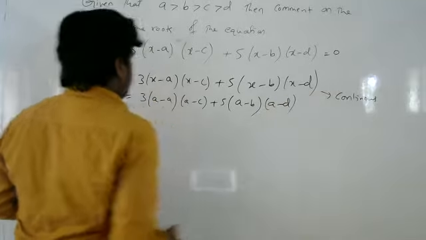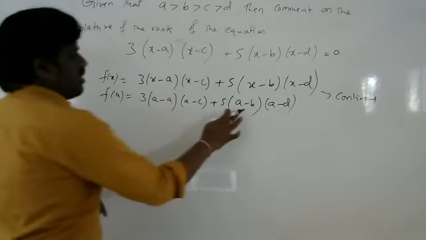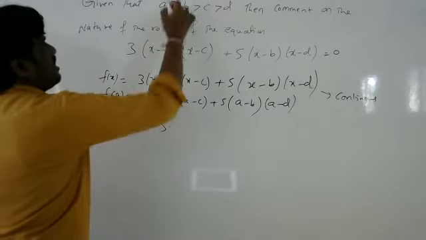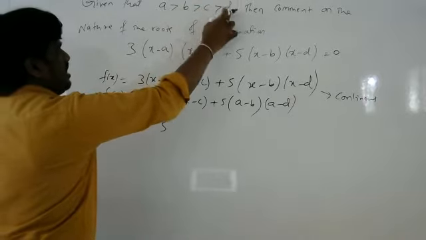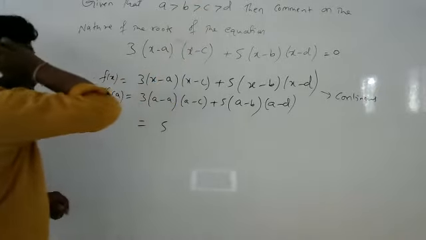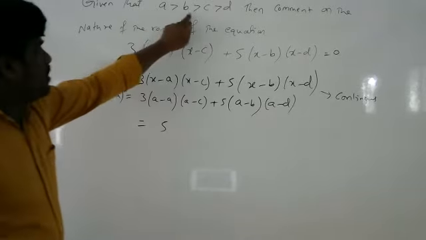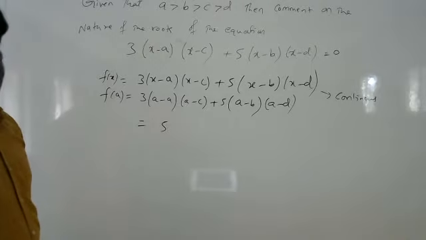A minus a is 0, and 0 into anything is 0, so what remains is 5 into (a minus b) into (a minus d). Now see that a greater than b, b greater than c, c greater than d. Which is the greatest one?